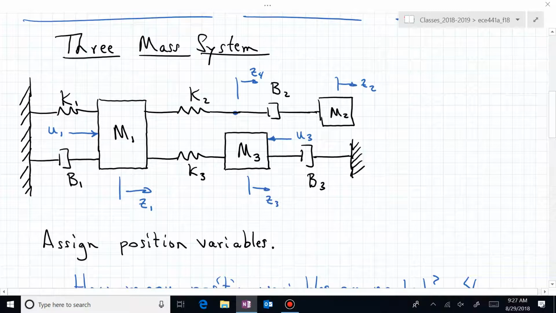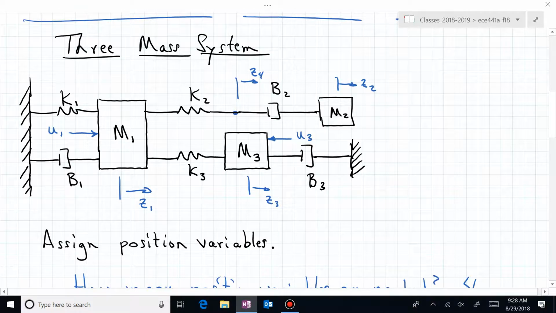So we have a negative F1 due to K2. Is everybody seeing that? The signs take care of themselves is what I'm trying to say. Just like when you write KVL equations with clockwise currents. You maybe have I1 minus I2 in a shared resistor, for example.